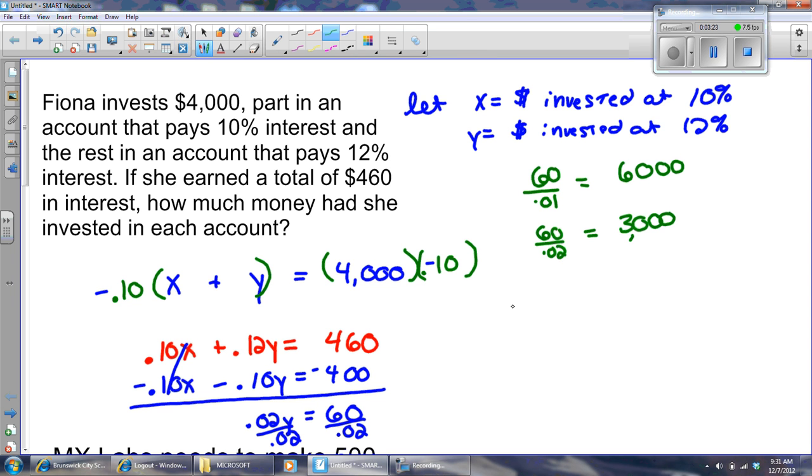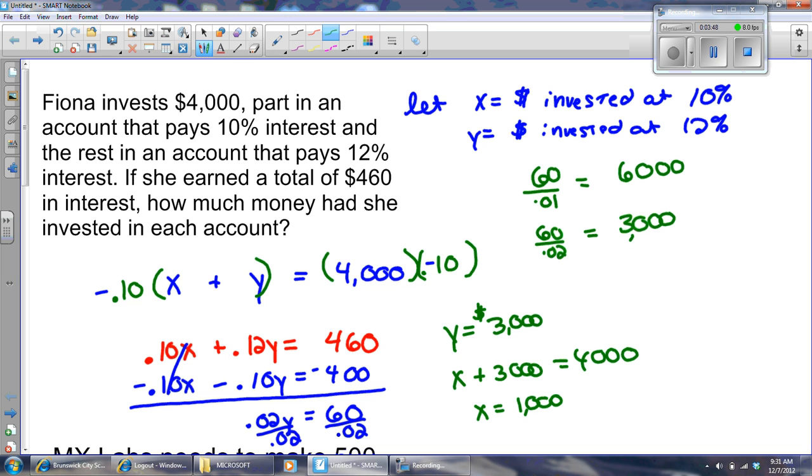I checked that on a calculator, so I'm getting that y is going to equal $3,000. Now, if she invested $3,000, I know that x plus 3,000 has to equal 4,000, and that would mean that the amount invested in the other account was $1,000.